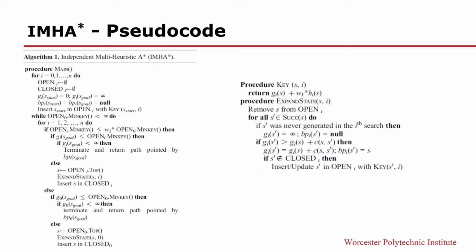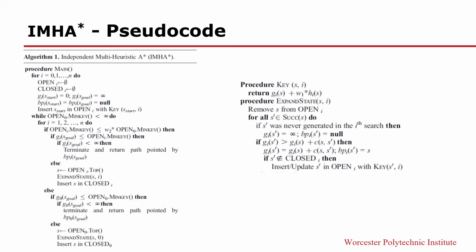Now the main function is where initialization and the search happen. For initialization, it will initialize all searches including the anchor search. It will take an empty queue as an open queue, and it will also take a closed list.